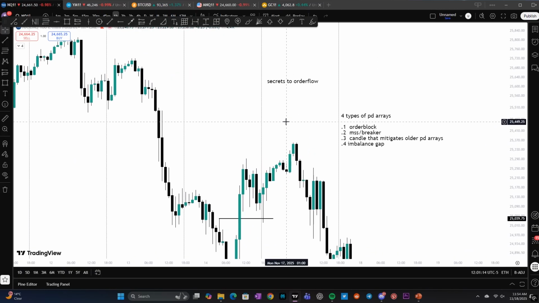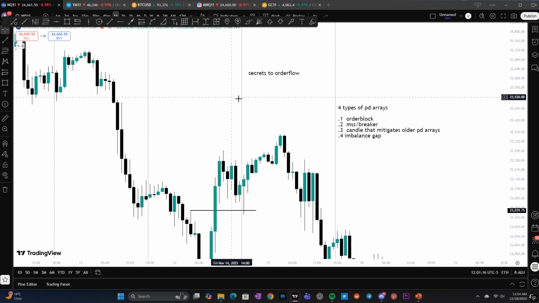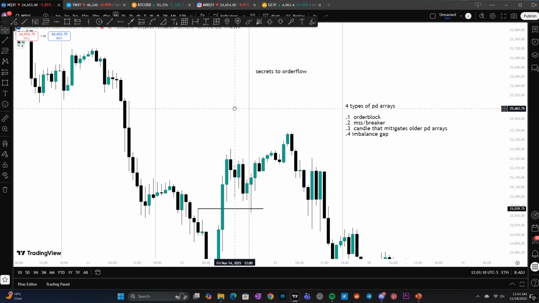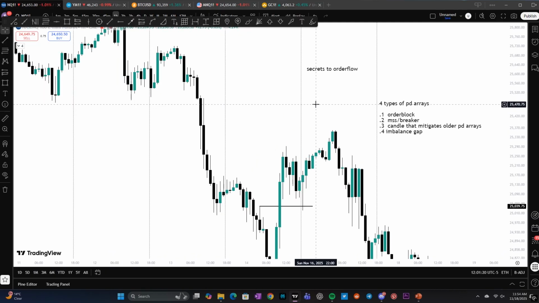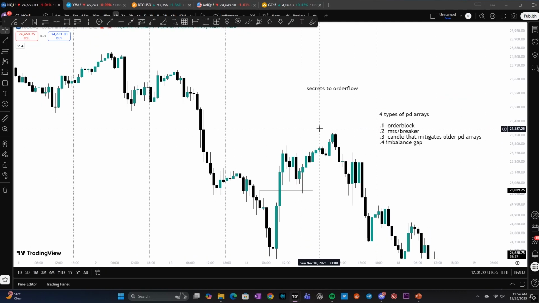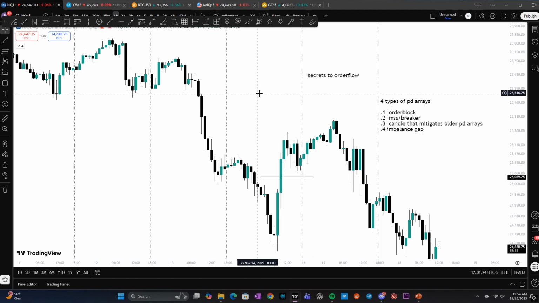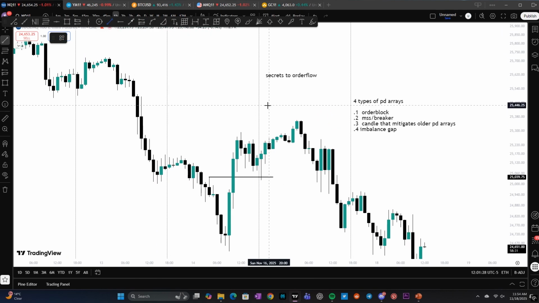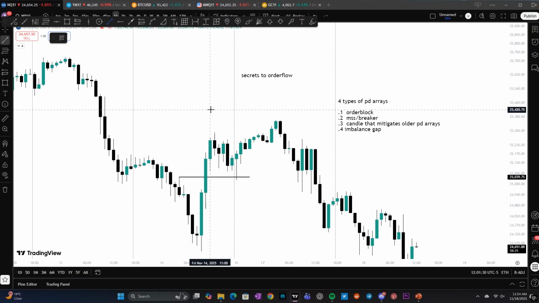How you can fully understand the order block is to have daily highs, daily lows, session highs, and session lows. They can help you to determine the right order block. So here we are on the hourly time frame.